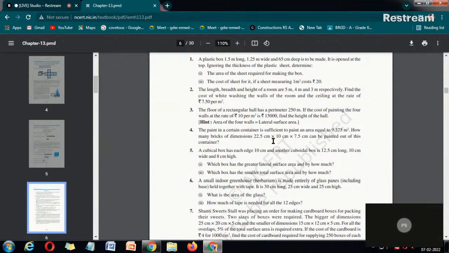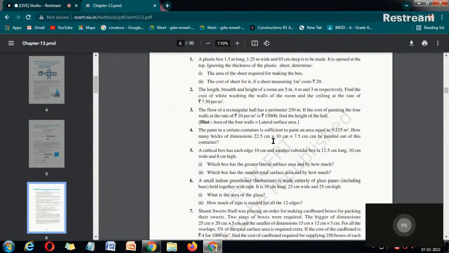Substitute, then you will get the 13.1 answer as 5.45 meter square. When you substitute all of this, you get 5.45 meter square. Here, why are we taking meter square? Because they have already given us the meter square.